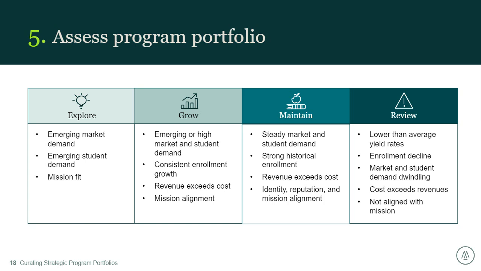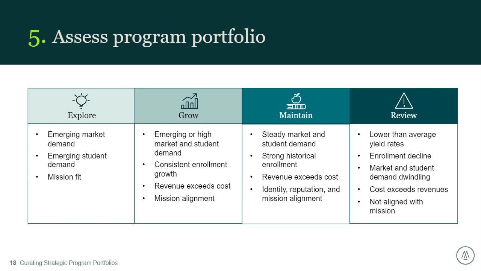So these are existing programs at your institution where you have a high level of market and student demand, you've got enrollment growth, you have a strong financial position to be able to operate that program, and you have it fitting very nicely into your mission, your vision, and your goals.